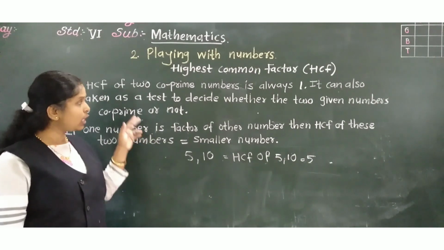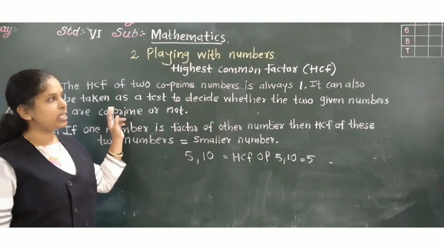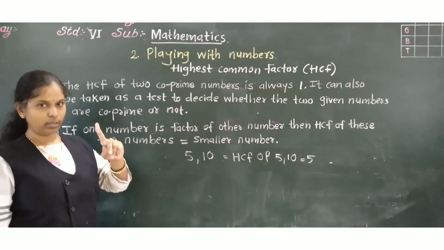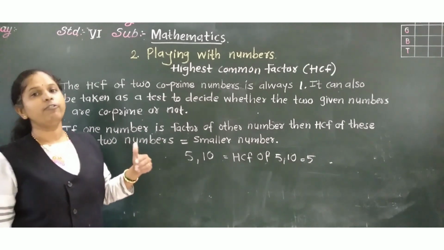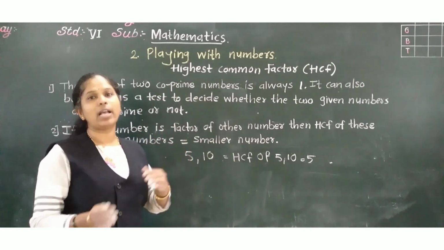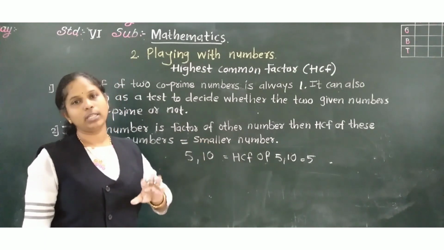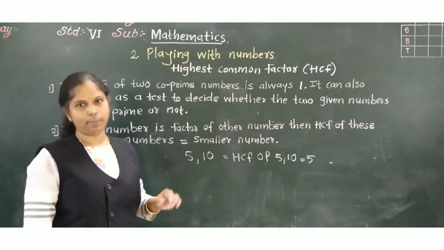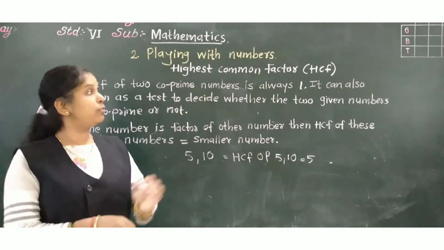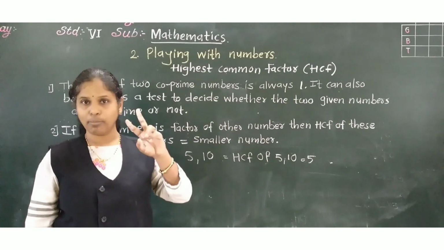These are the two facts of HCF. First, the HCF of two co-prime numbers is 1. Second, if one of two numbers is the divisor of the other, then the HCF of those two numbers is always the smaller number among them.